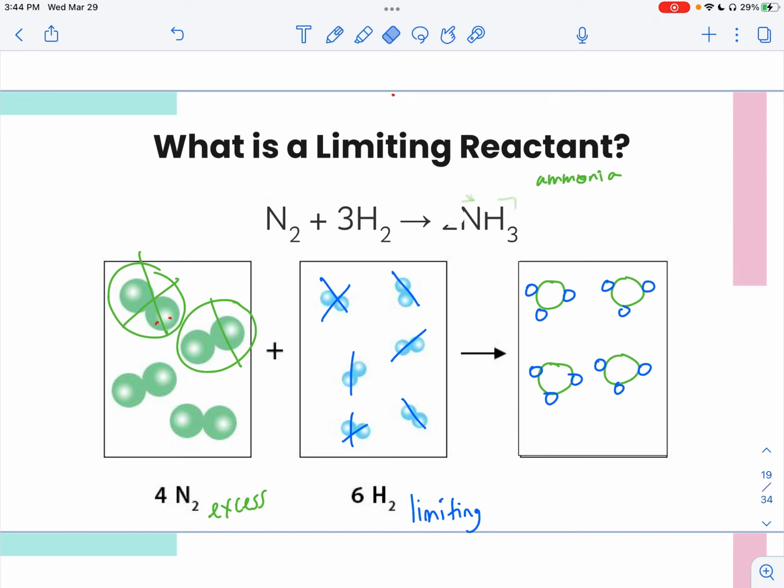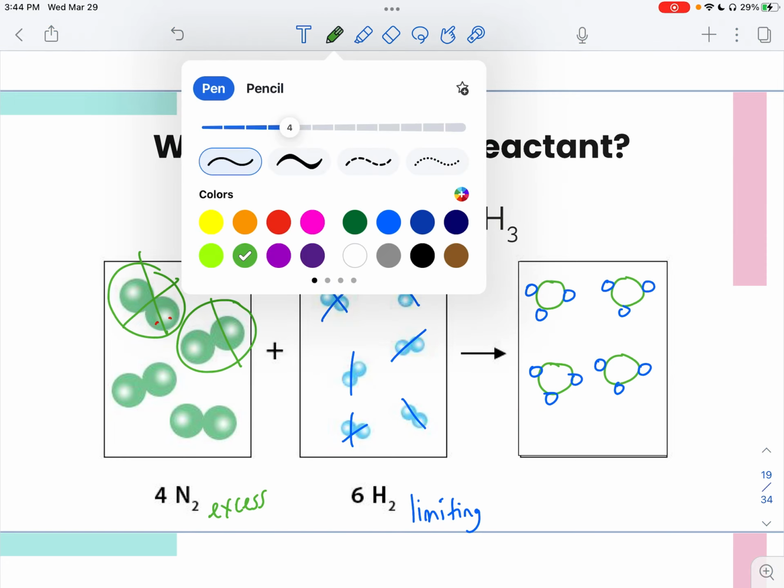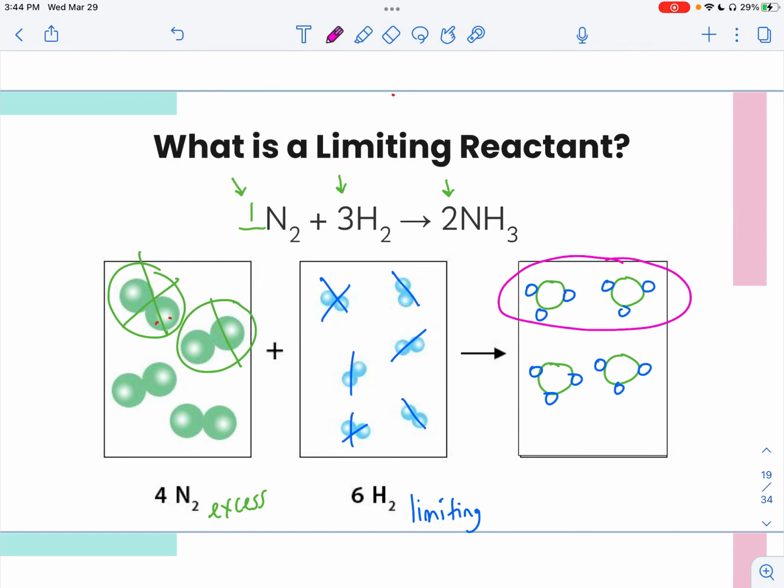So if I look here, I'm going to erase some of that. We'll kind of put our invisible one there. These numbers in front, these coefficients, these are helpful because they're essentially letting me know how much I need in order to make my product. So if we think back, okay, to these first 2 little ammonia molecules, NH3 molecules that I made, right?